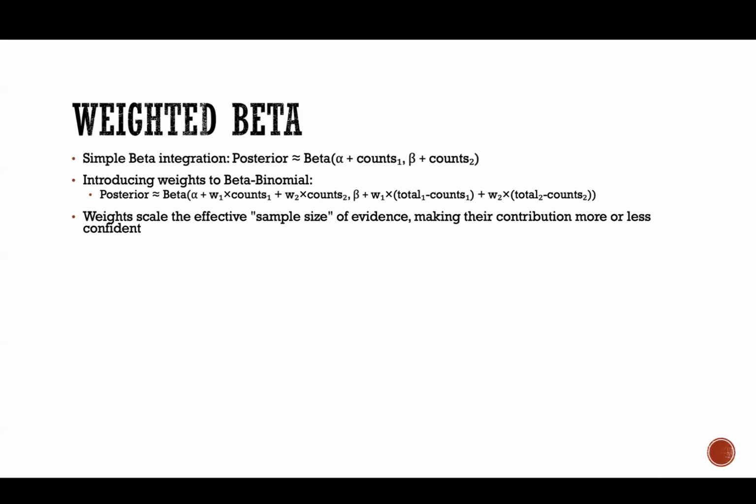So the weights scale the effective sample size of the evidence, making their contribution more or less confident. If you think, we're multiplying counts, so basically we're saying if I'm overweighting Victoria's opinion, she tells me she's sampled 1 marble and it's red.